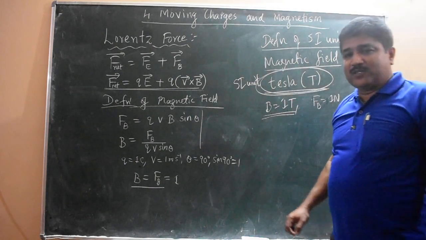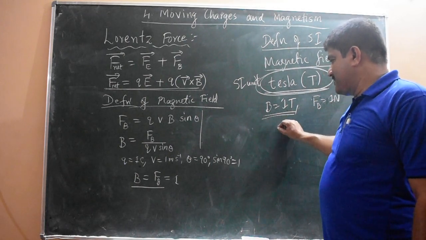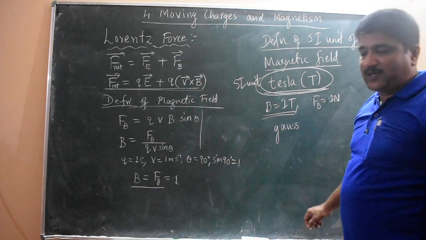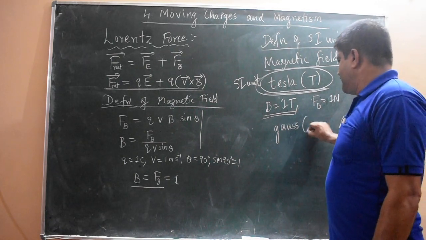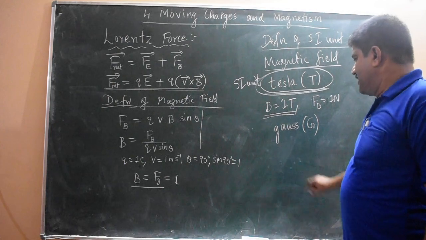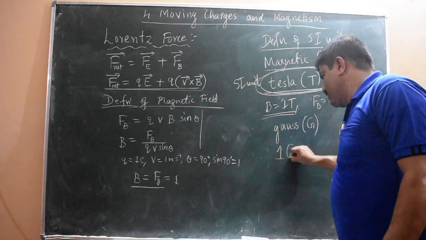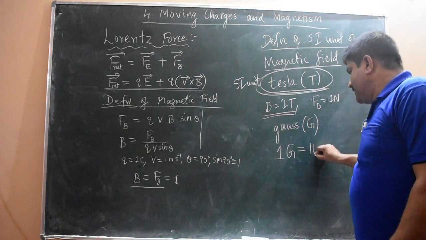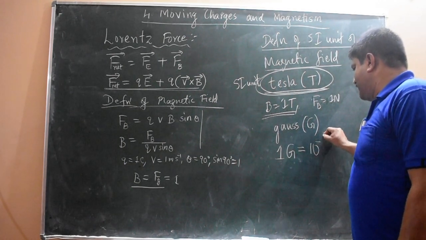And we have another unit also, that is Gauss. The name of the scientist in Gauss's law that you heard. The same Gauss, and G is the symbol for Gauss. One Gauss magnetic field equals 10 power minus 4 Tesla.